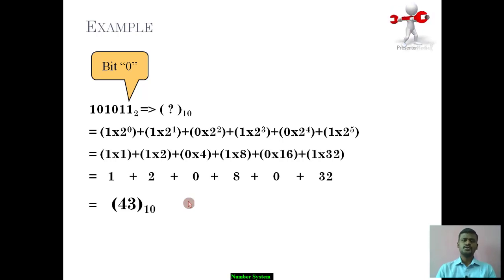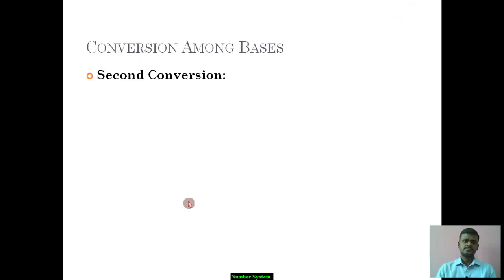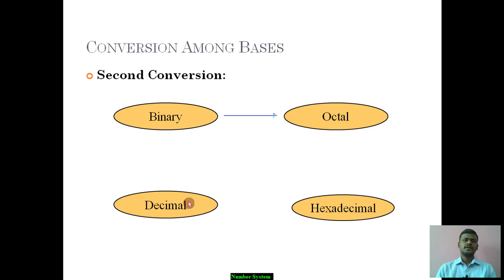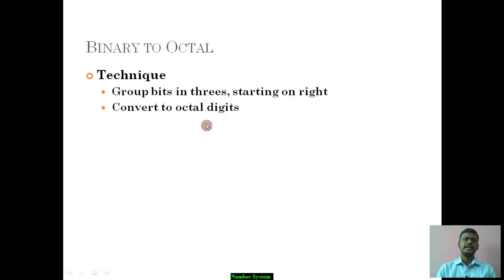Now we will move on to the next conversion, that is binary to octal. The technique is, first step, group bits in threes and start on the right.